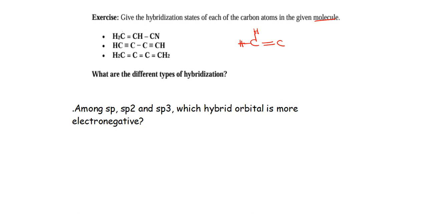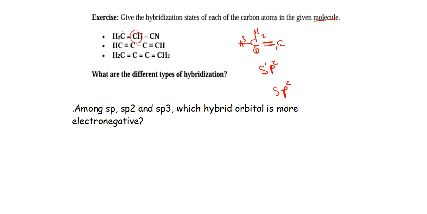How many atoms are bonded to this carbon? There are 1, 2, 3. This means we have s1, there's 1 there that you can't see. Then p, how many should we put there? 2, to make the total 3. So that means it is sp2 hybridized.